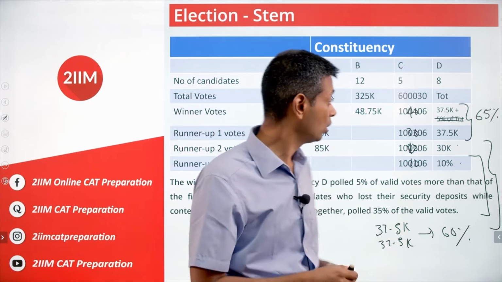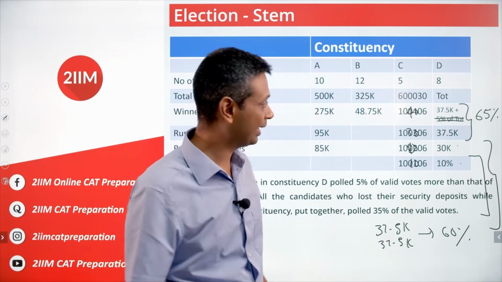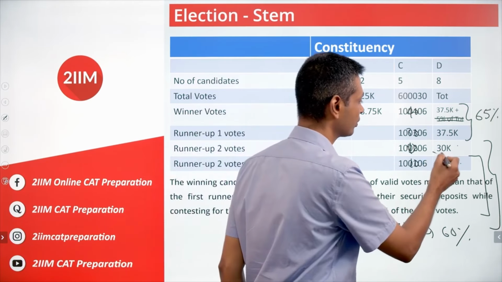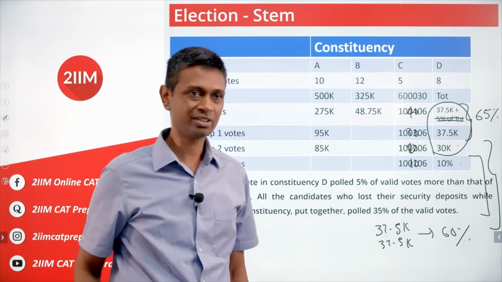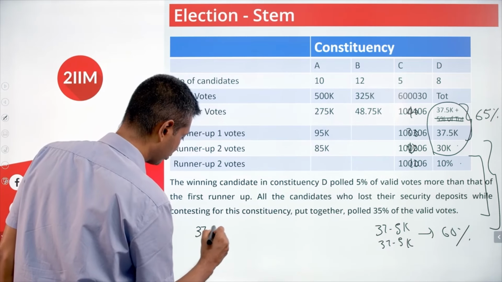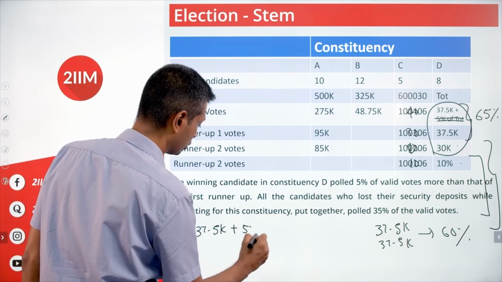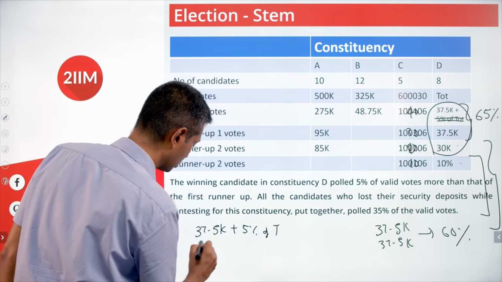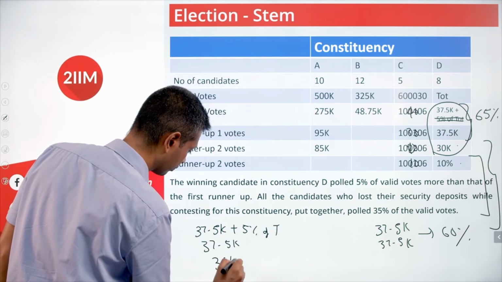Or the scenario where from runner-up 2 everybody loses, that is wrong. Runner-up 2 retains it. All three retain it. From here downwards goes for a toss. Let's do the math for that. That means 37.5K plus 5% of total, plus 37.5K, plus 30K.